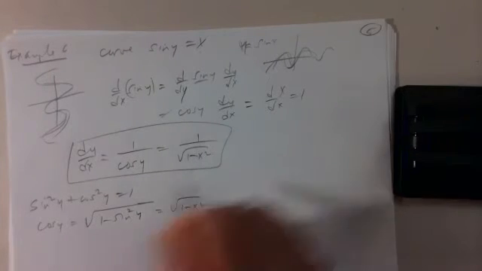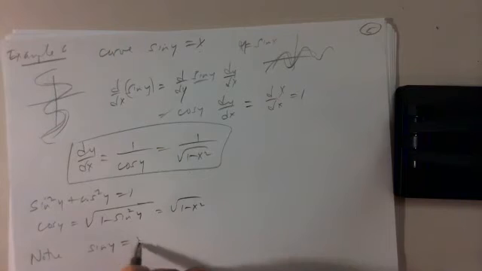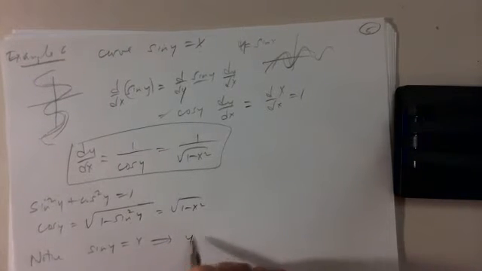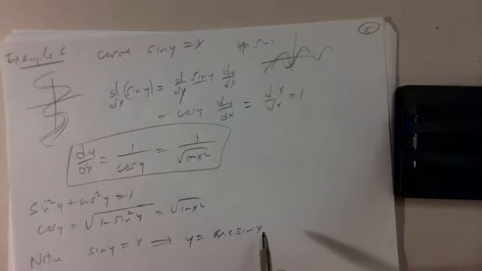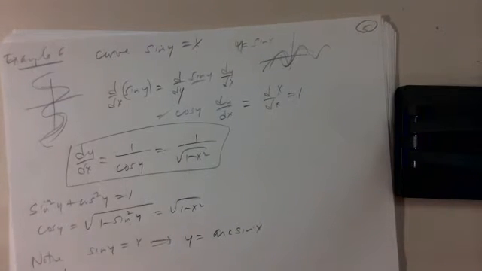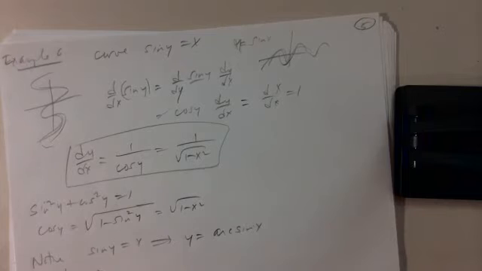But of course, notice the sine of y is x. That means that y is the inverse sine, or the arc sine, of x. So what we just proved is the following. The derivative with respect to x of the arc sine of x is 1 over the square root of 1 minus x squared.